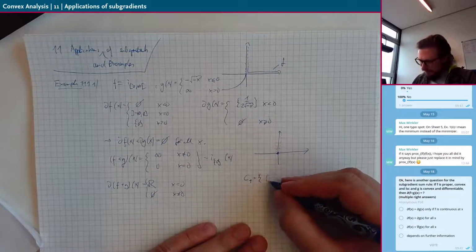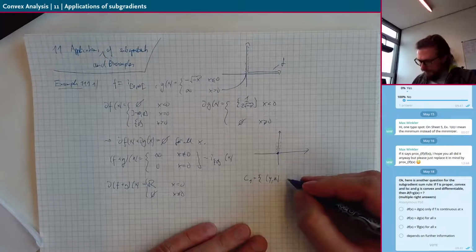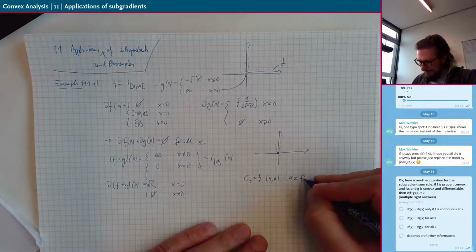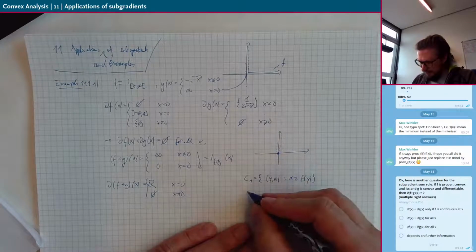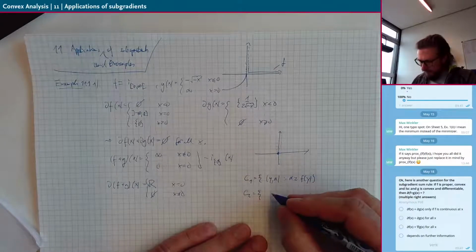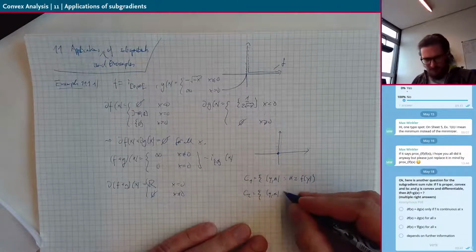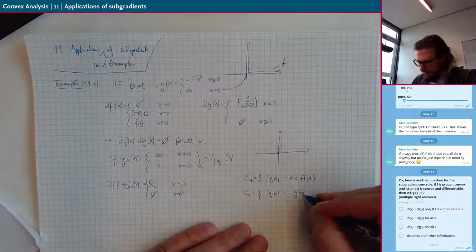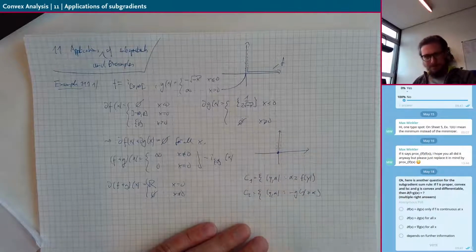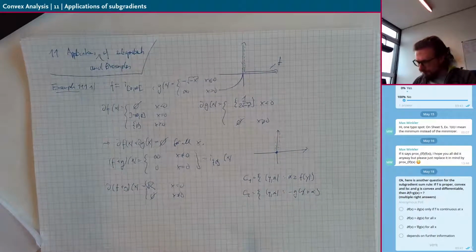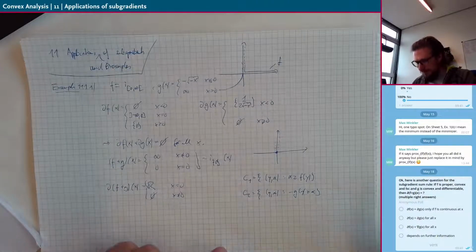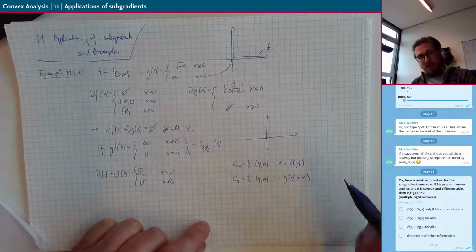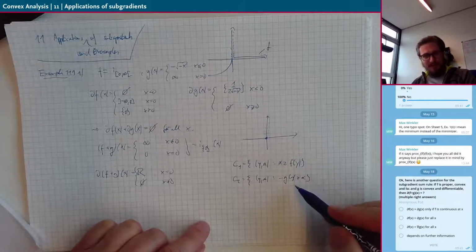One set, C1, was the set of y and alpha such that alpha is larger or equal to f of y, and the set C2 was the set of y and alpha such that minus g of y was larger or equal to alpha. The argument was that we separate these two sets because they are disjoint.